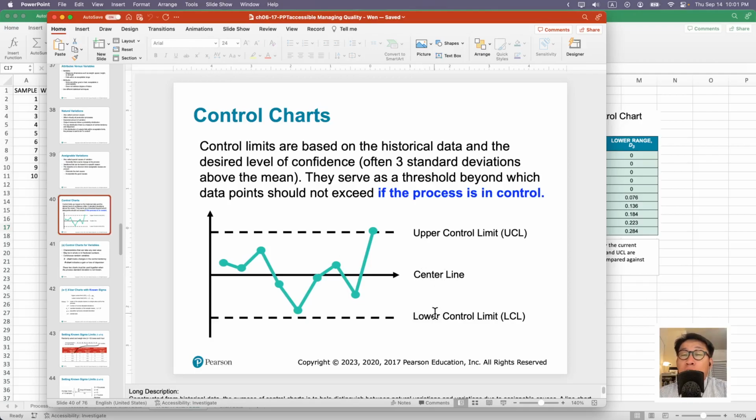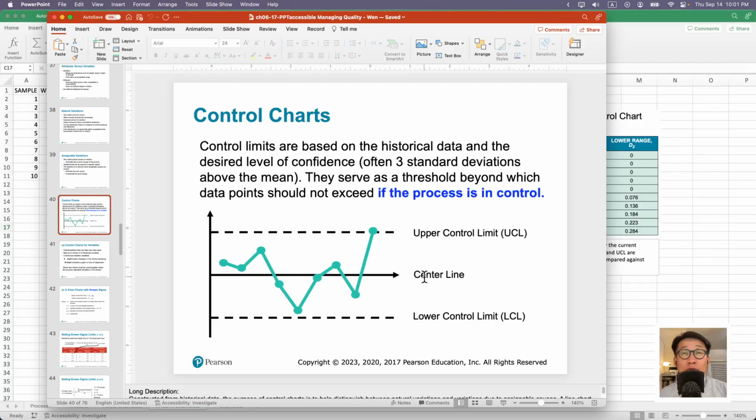Lower control limit is 3 standard deviations below the center line. So we still use that empirical rule to detect the shift in mean, because whatever goes above that 3 standard deviation bound is deemed suspicious.